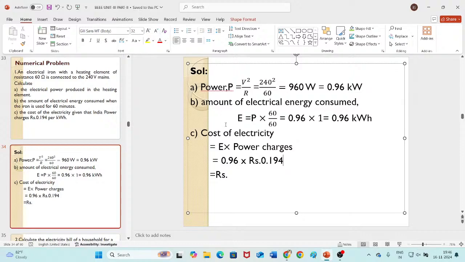Okay, you will get approximately rupees 0.18624. So it's a very low value.